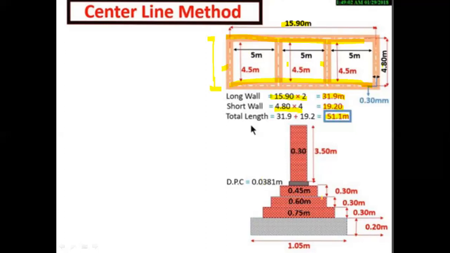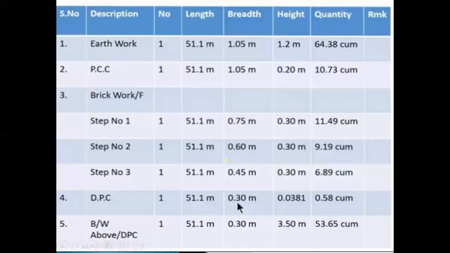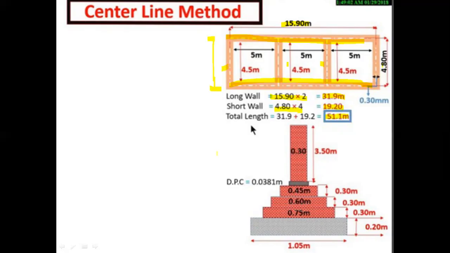Section, here DPC, 0.0381 meters. Next, the table form of quantities. The table has serial number, description, numbers, length, breadth, height, quantity, and remarks.